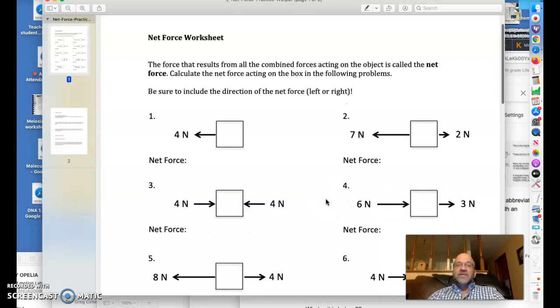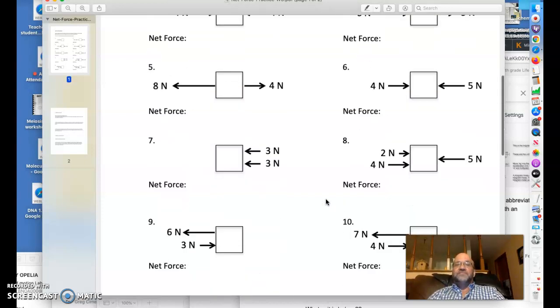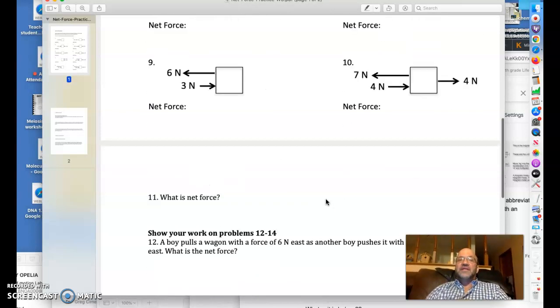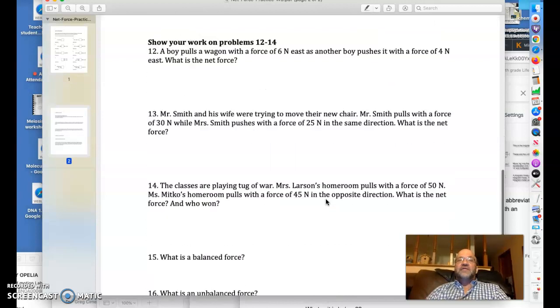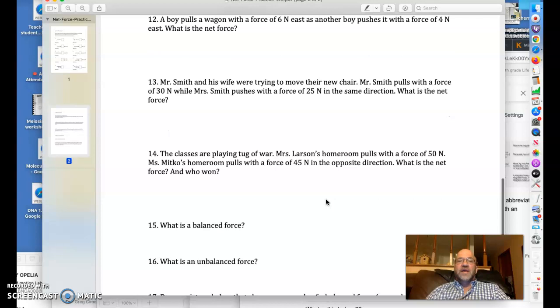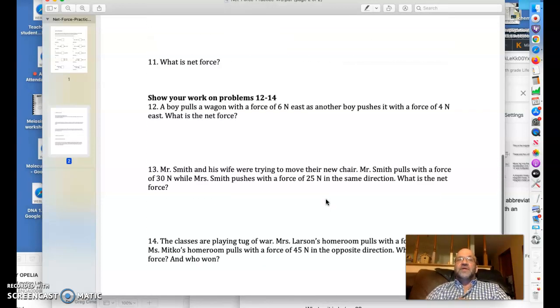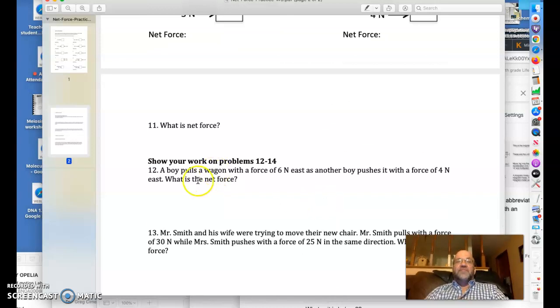There are other problems on the sheet as well. So you would have to figure out the net force on these problems. Okay? And here, there's also some word problems. Okay? And it talks about different things. So here we have a boy pulls a wagon with a net force of 6N to the east, and another boy pushes it with a force of 4N to the east.